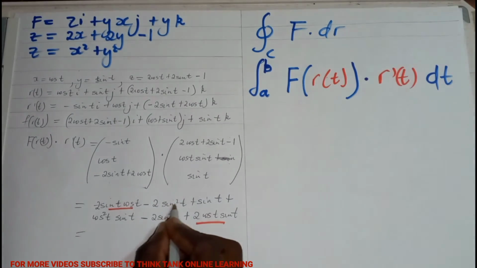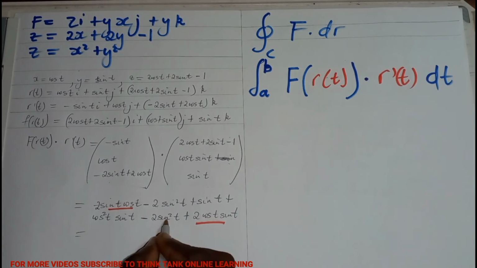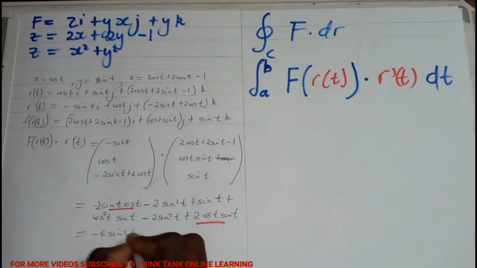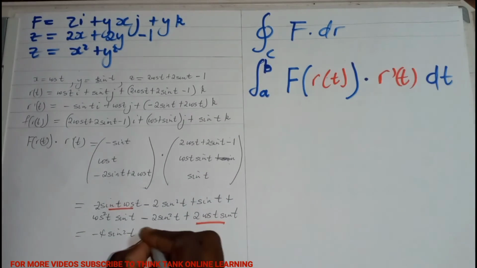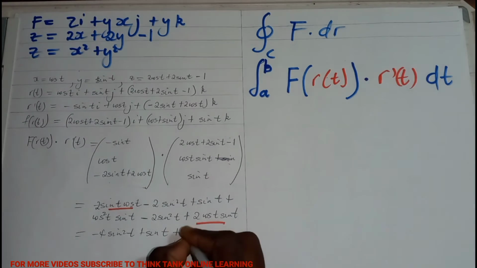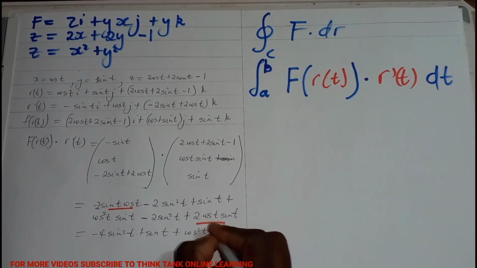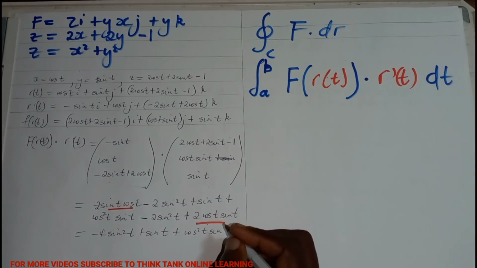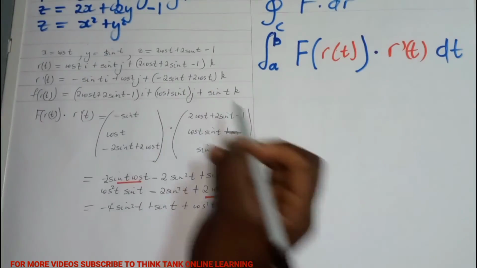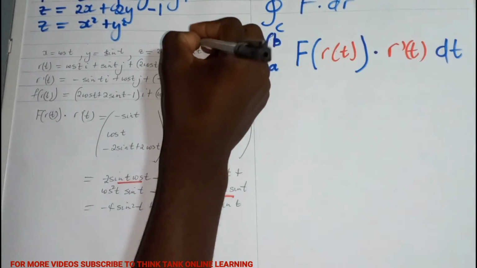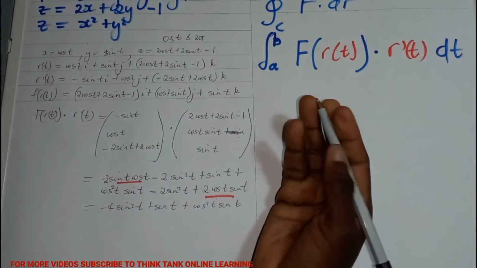So negative 2 sine squared t minus negative 2 sine squared t, so that is going to be negative 4 sine squared t plus sine t plus cos squared t sine t. And we said t is an angle, so t ranges from 0 to 2 pi since it's a cylinder.